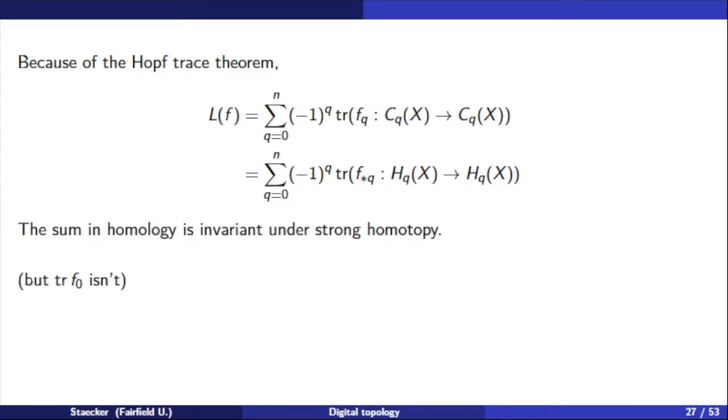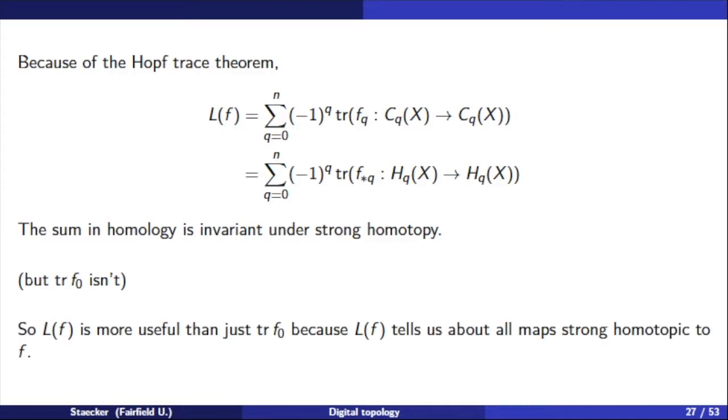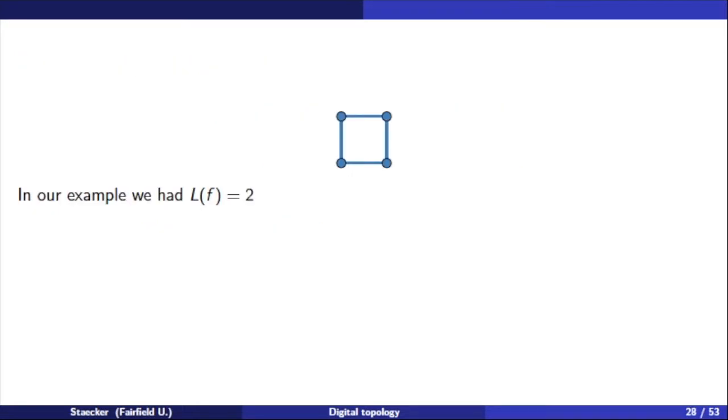The trace of F0 is not invariant under homotopies, but the Lefschetz number is invariant under strong homotopies. So the Lefschetz number is more useful than just a trace because it tells us about all maps which are homotopic to the original function, not just about the original function itself. Anyway, in this example we had the Lefschetz number equal to 2, remember the function was the flip horizontally. That means any map which is strong homotopic to F has an approximate fixed point. That's by that Lefschetz fixed point theorem.